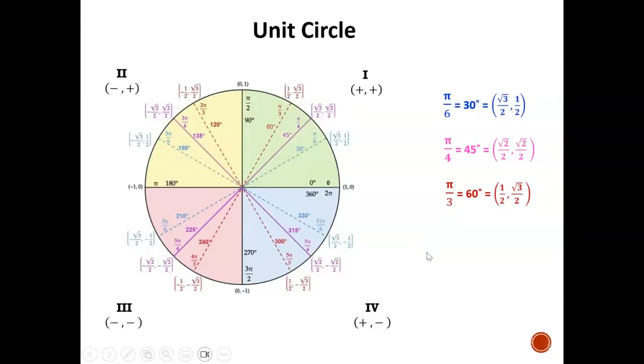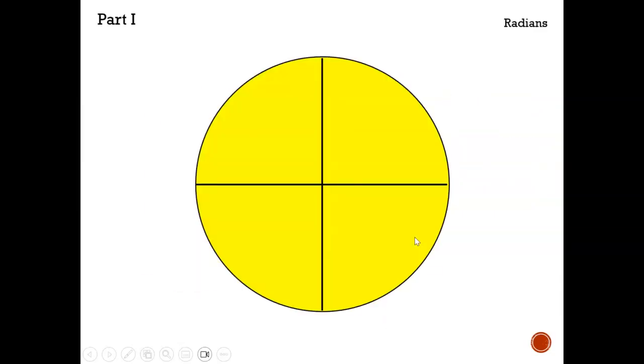So let's continue with how to construct the circle in two parts. This is part 1. First I'm going to do radians, then the degrees, and then the point. For part 1, I'm going to cut the circle in 8 equal parts.